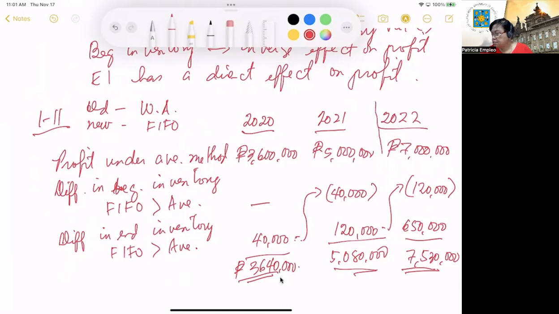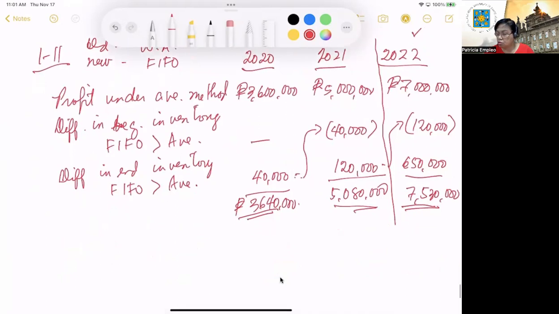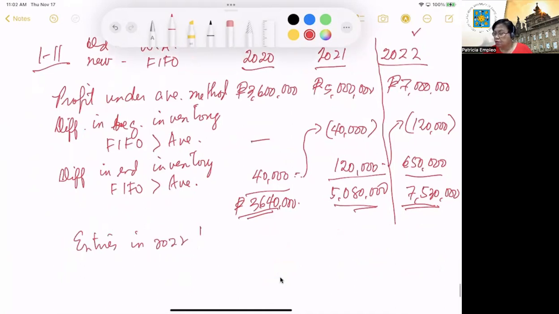The current year is the year 2022. This one, current year 2022. So if you are to prepare entries in 2022 to reflect the change, what will be our entries?